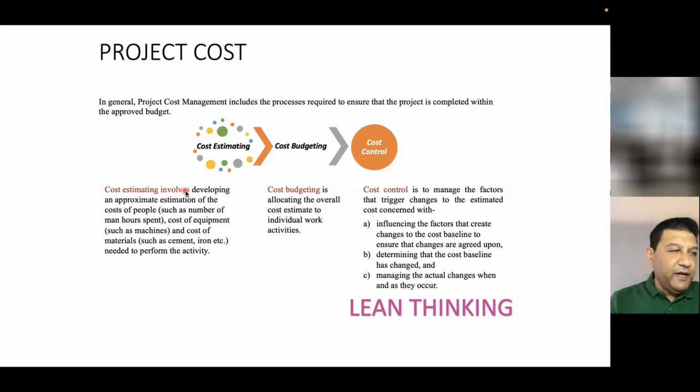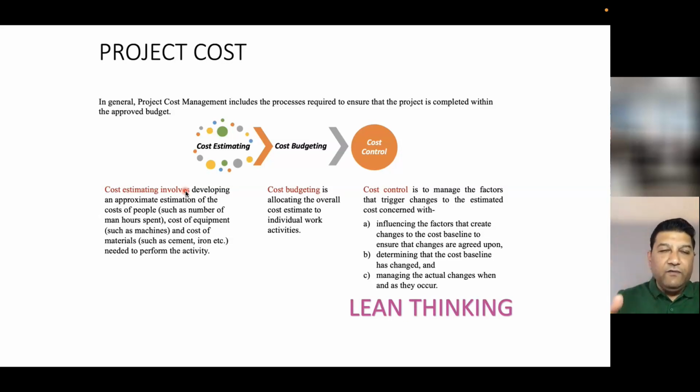Now you can estimate your development based on how much it will cost, based on the floor area, or on a per square meter or per square foot basis: the construction cost per square meter or square foot, or the demolition cost per square meter or square foot. You can estimate the cost, and when you estimate the cost, you can allocate budget to that particular work package.